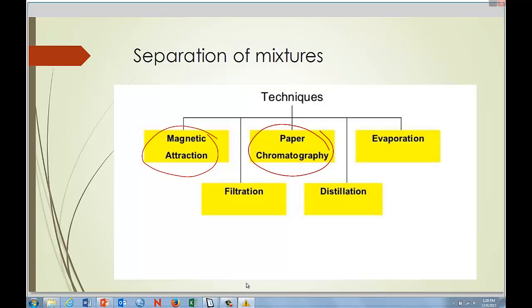Evaporation is when you let it sit there and some of the liquid comes off. Filtration is like a coffee filter. We're taking solid pieces out of a liquid. And distillation is when you boil it and you separate it by the different temperatures that it boils, boiling points.